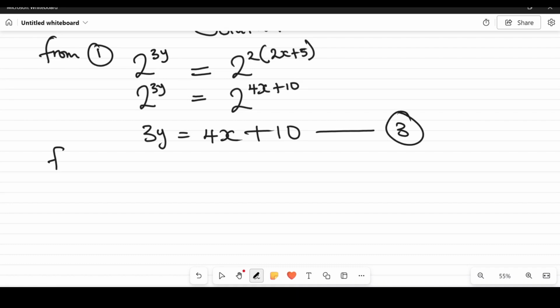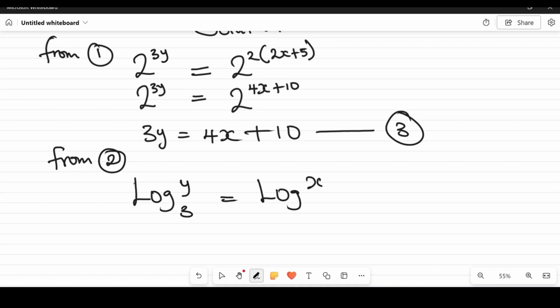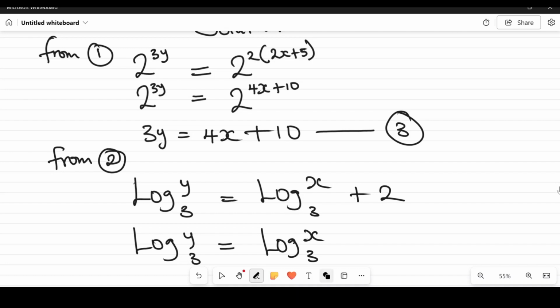Also, from equation 2, we have that log y to base 3 is equal to log x to base 3 plus 2. Now, since we have our logarithm in base 3, the value of 2 is equal to log 3 raised to the power 2 in base 3.